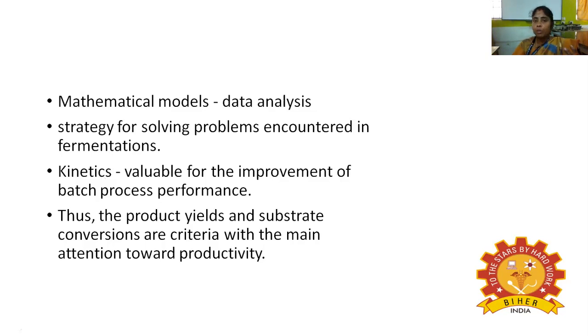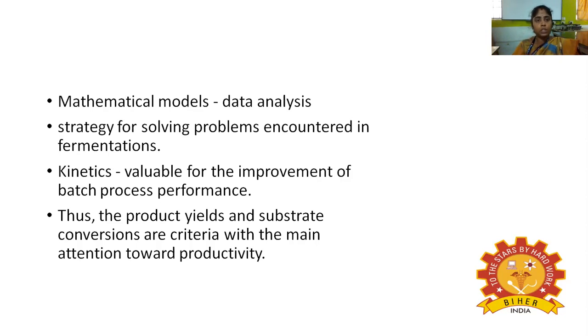When we talk about Monod, the second case is when the substrate concentration is very, very low compared to Ks, so it is negligible. Then dX by dt is equal to mu max S into X divided by Ks, and this follows first order kinetics.